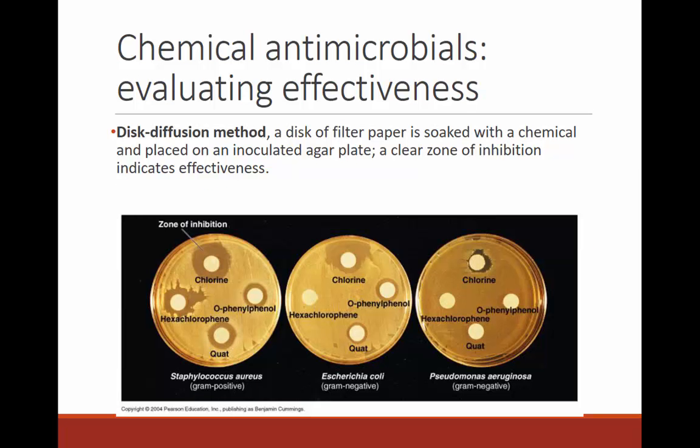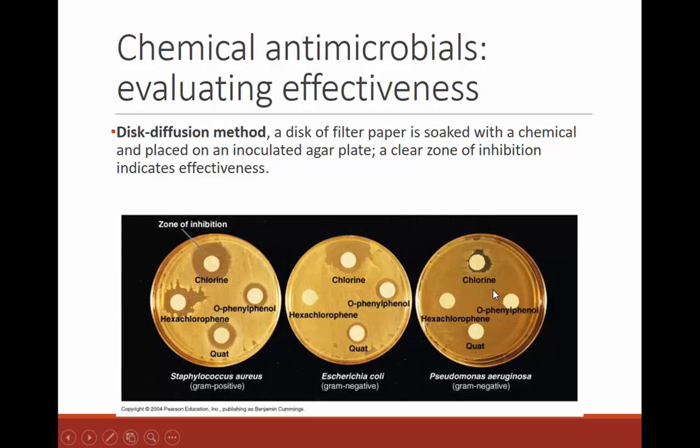Another probably more direct way of evaluating the effectiveness is the disc diffusion method. And so what you do here is you can see in these images, you've got little white discs on these plates, and then the growth around it, so that whiteness around it, is growth of a particular bacteria. So on the first one we've got Staph aureus, in the middle one E. coli, and then Pseudomonas aeruginosa.